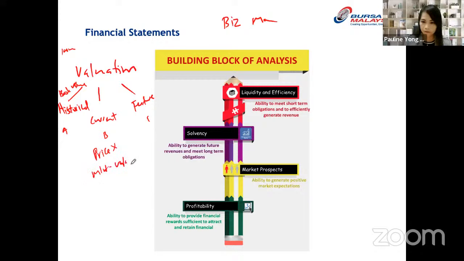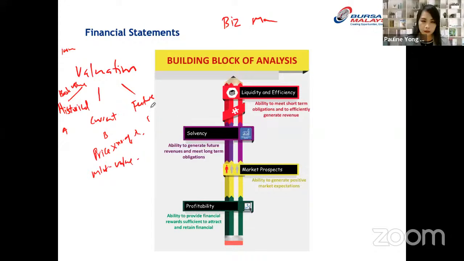Yes, market cap, times the number of shares. So we are looking at the market capitalization of the company. Straight away, for example, Maybank is 100 billion, Gamuda is maybe 1.9 billion. So you're looking at the current price times the number of shares, and straight away you have that idea. This is the market cap of the company.